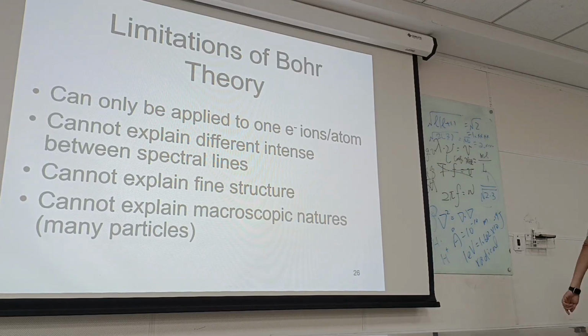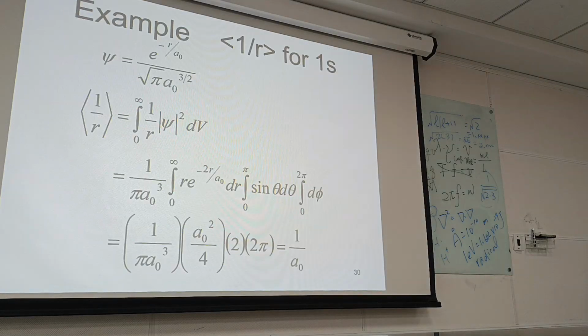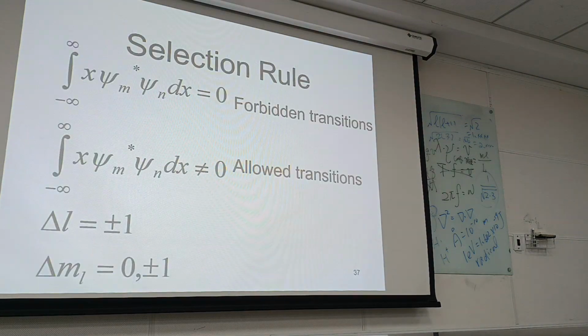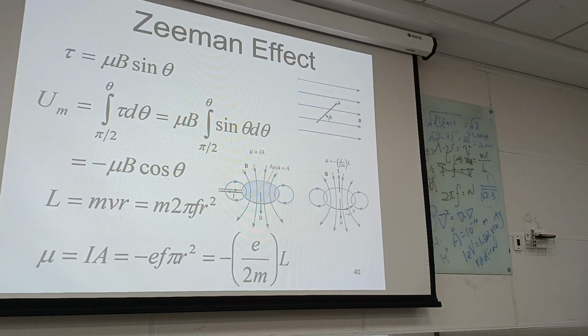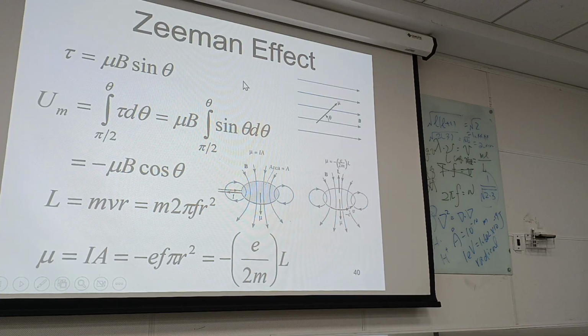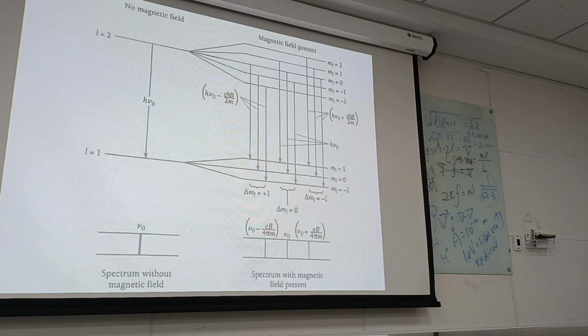And now we understand, because when we apply the magnetic field, we will increase or decrease the energy of the electron. Without the magnetic field, they have only 1 spectral line. When we add the magnetic field, they have 2 more spectral lines. We call it fine structure.